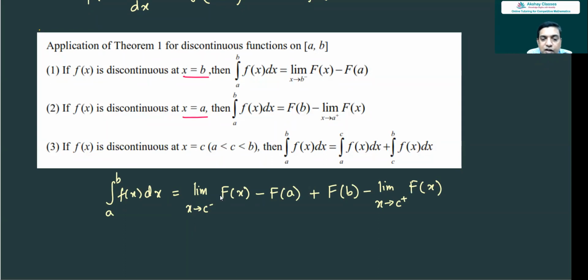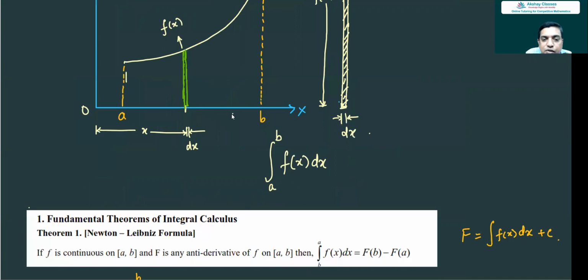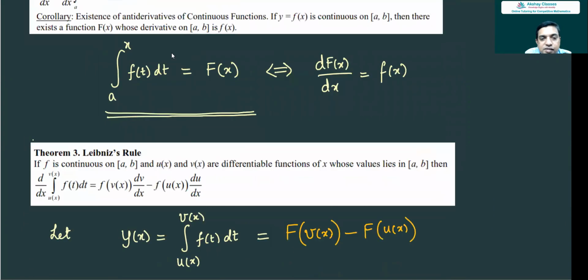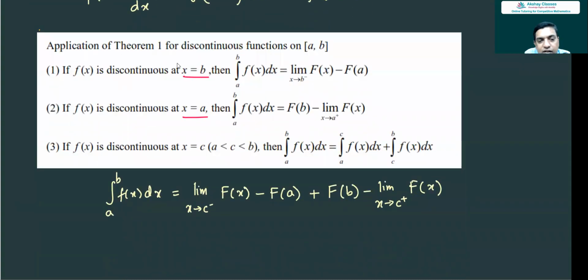If the function were continuous, these two limits would be equal and cancel, and you would get capital F of b minus capital F of a. So if there is a discontinuity, then while computing the area, we need to go from the left hand side and from the right hand side separately. It's a very simple and straightforward point. It's not difficult to understand.